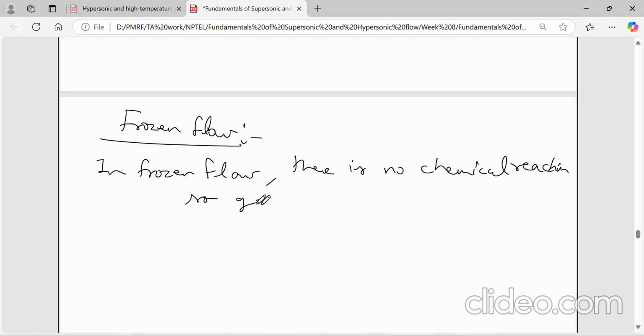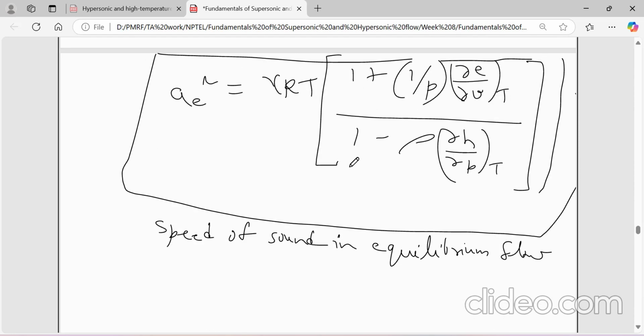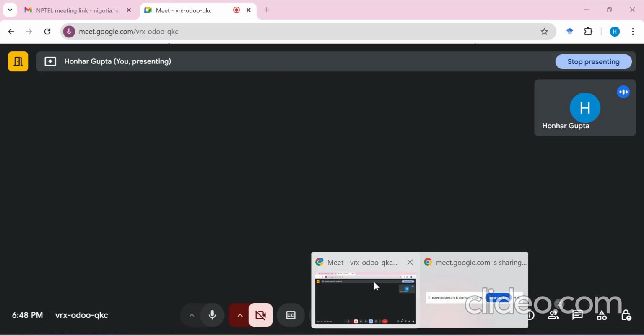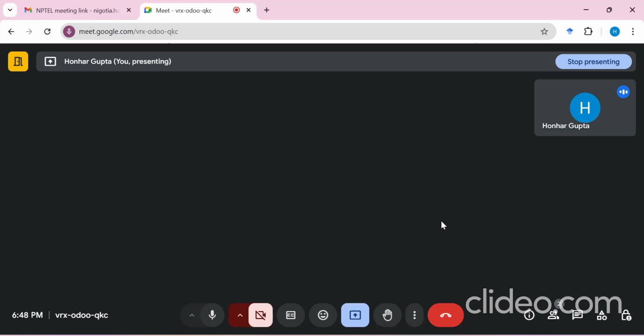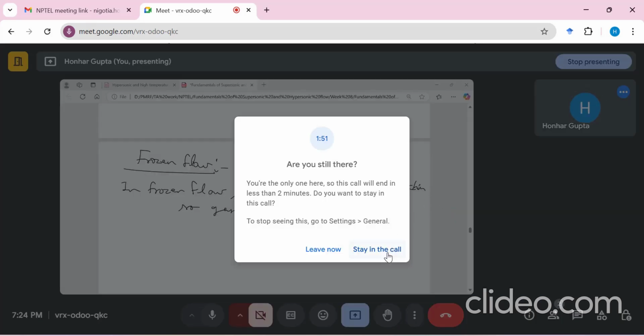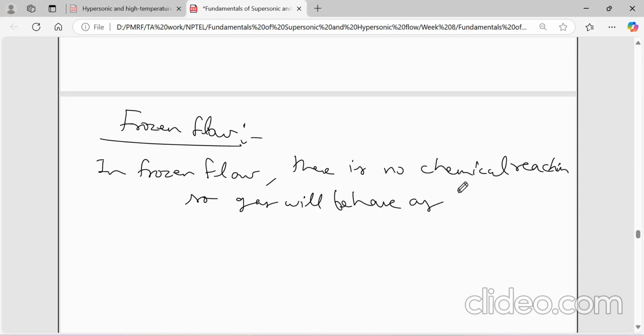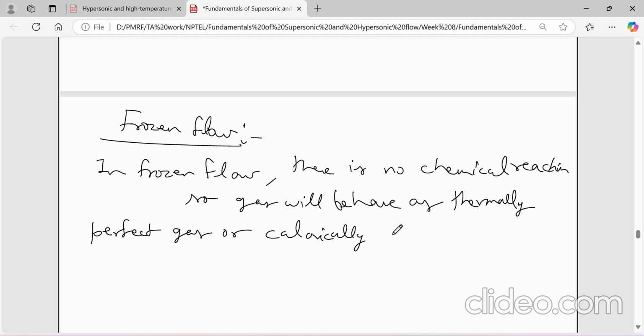So gas will behave as thermally perfect gas or calorically perfect gas.